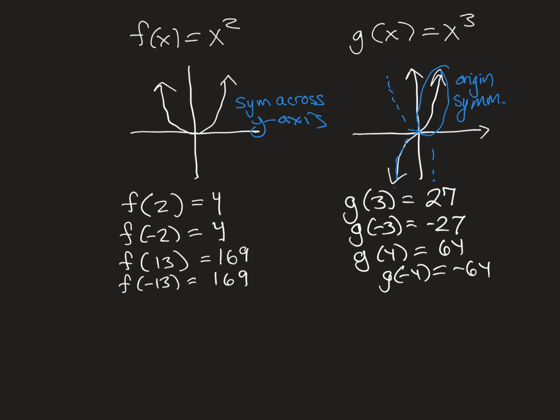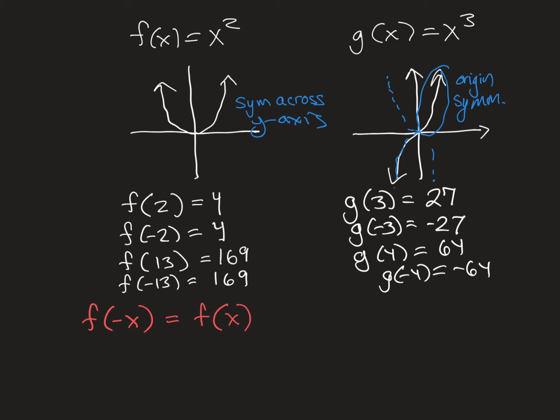And let's give the formal, or algebraic, definition of an even function. An even function means when I plug in a negative x value, I get the same as if I plugged in the positive x, its positive counterpart. So same output regardless of the sign of the input.